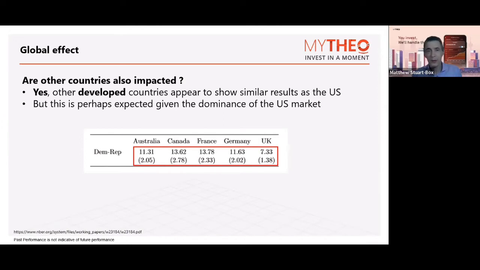So we certainly haven't changed our positions within MYTHEO on account of the US election cycle. We've seen there is some evidence that the market outperforms under certain scenarios, but it's probably not something that you'd want to put a big bet on.